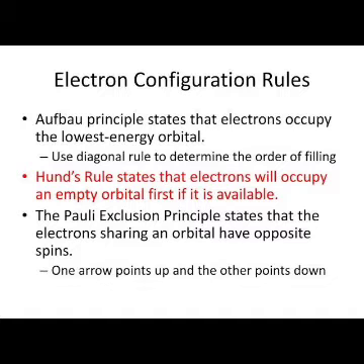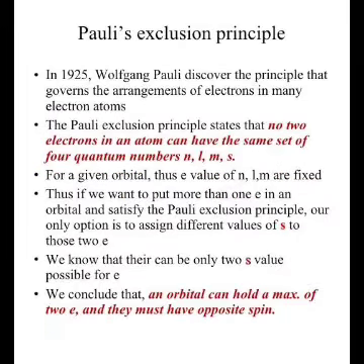So the first one is Pauli's exclusion principle. This principle, established by Pauli in 1925 from studies on atomic spectra, essentially states that no two electrons in an atom can exist with the same quantum numbers.